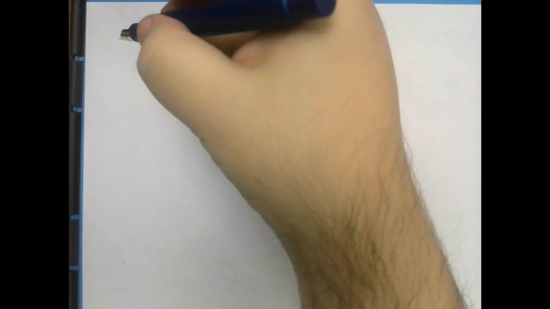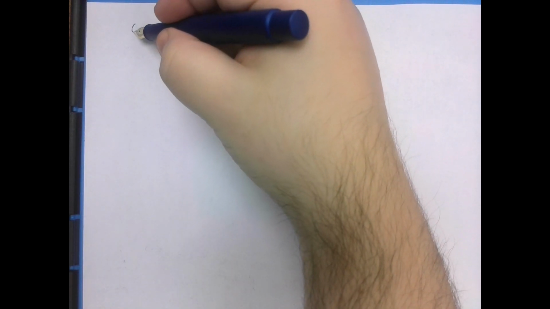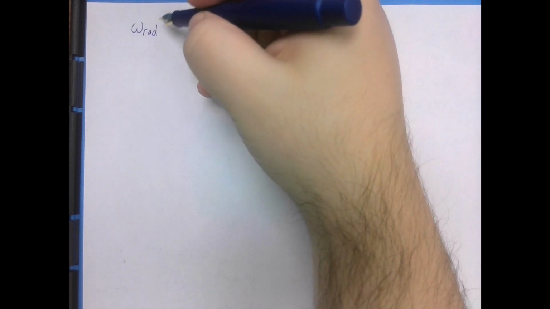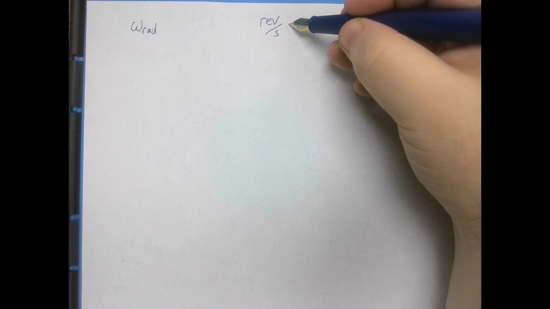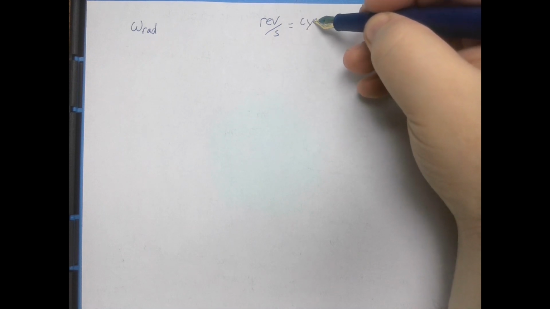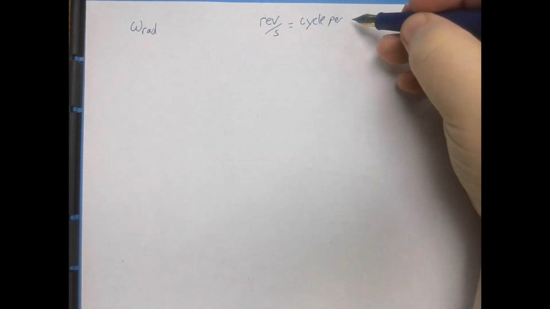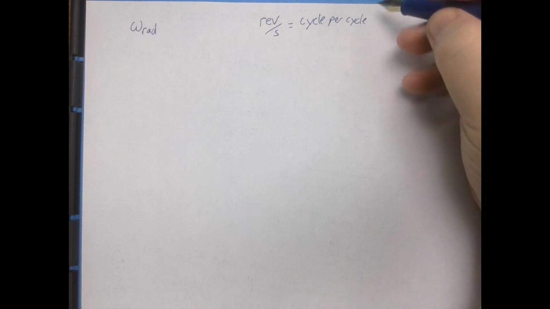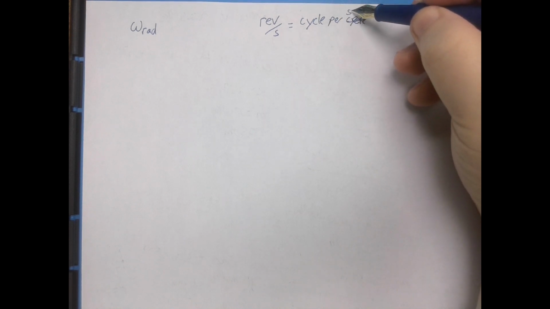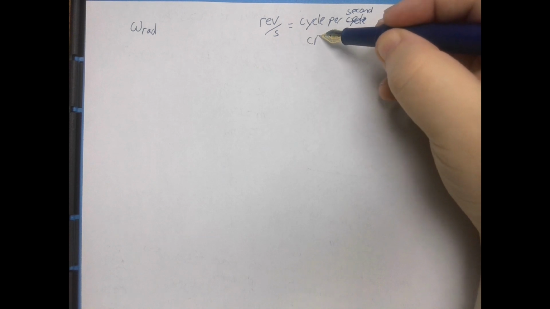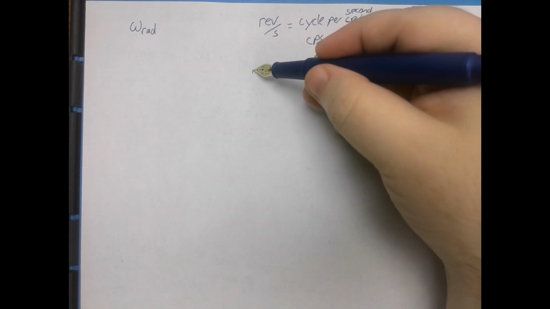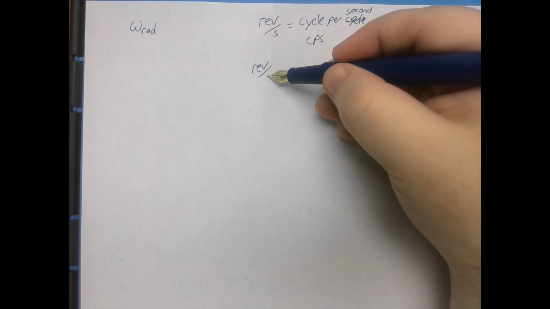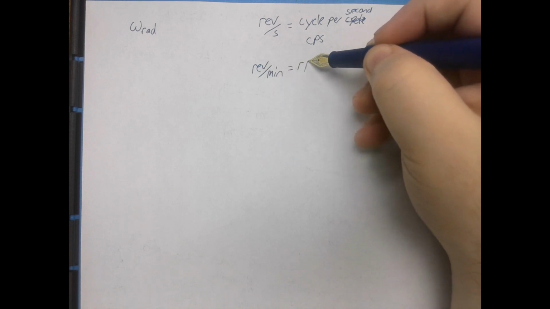Looking over the homework, some notes, omega and radians. So a revolution per second is the same thing as a cycle per second, usually abbreviated as CPS. You can also have a revolution per minute, or RPM.